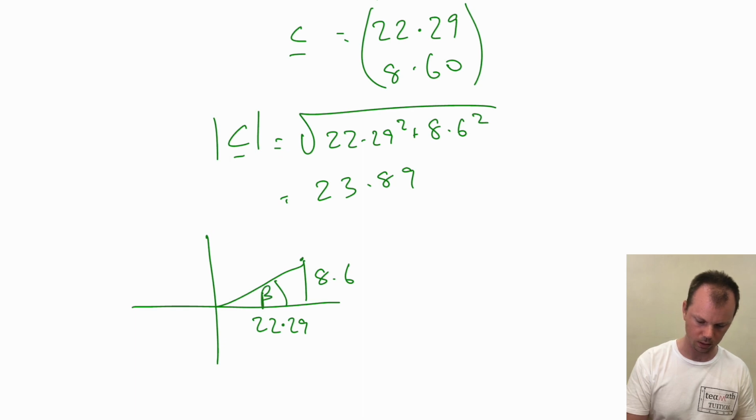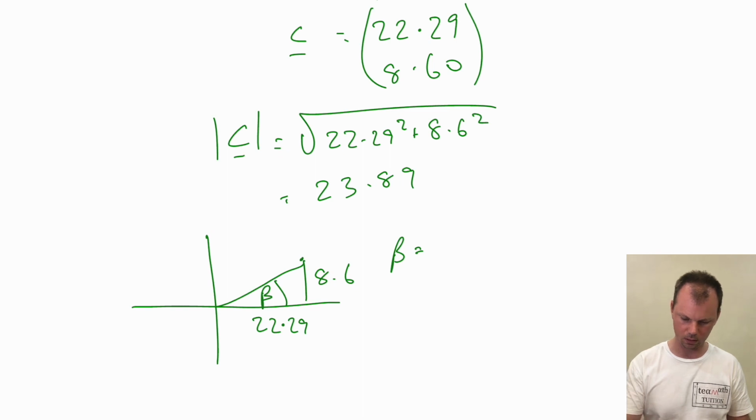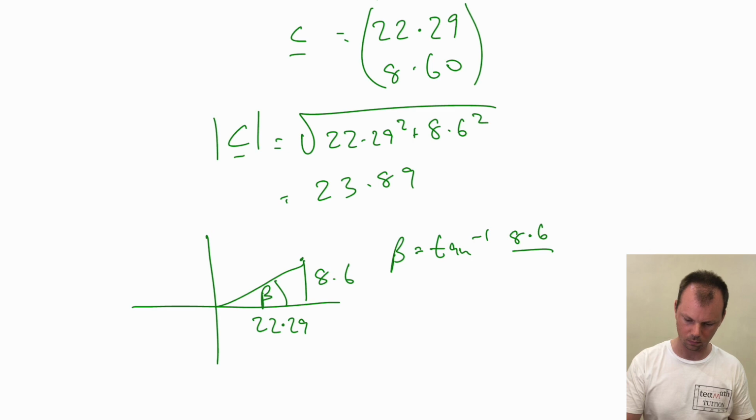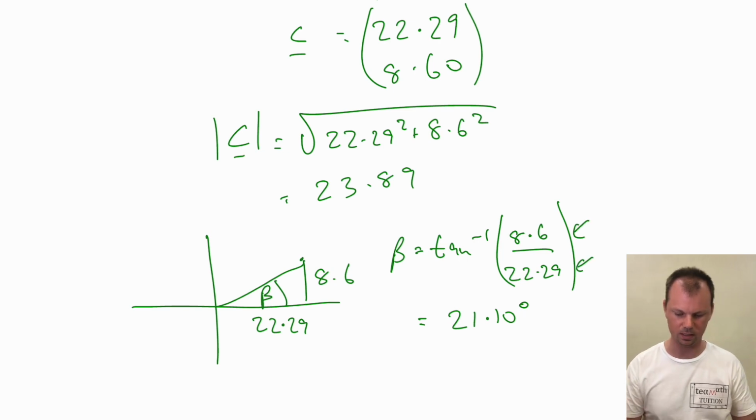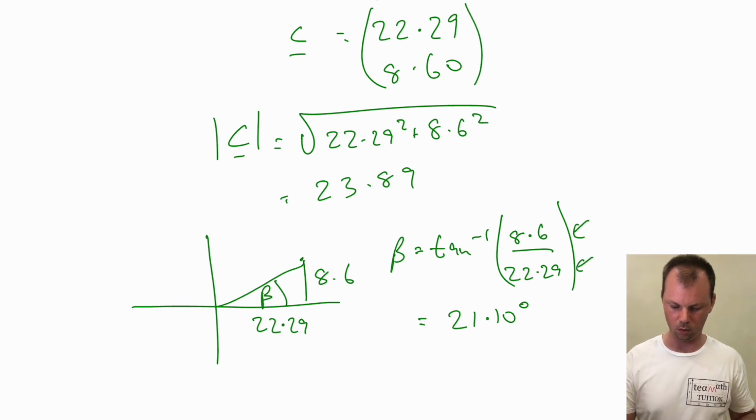Let's call this beta so we don't have the same variable equaling different things. And we get 21.10, which is slightly off because we've rounded these, but it's 0.01 off, but the methodology works.